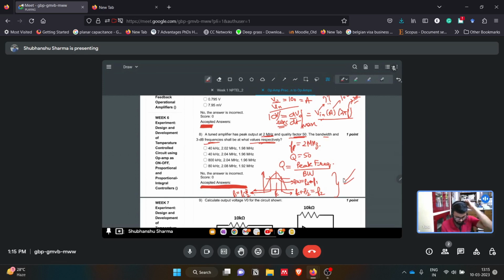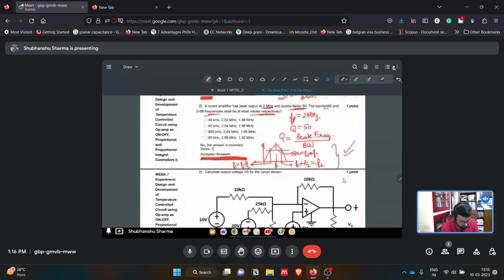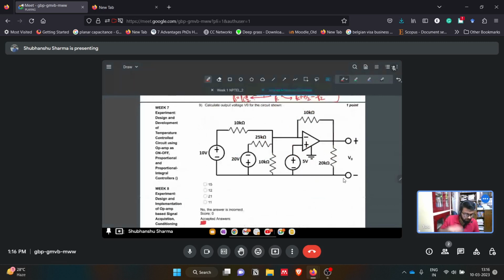So then, if we talk about the next question, calculate output voltage V naught for the circuit shown. If we just break this circuit into parts, we have this inverting amplifier configuration, and then at the input this circuit is given.